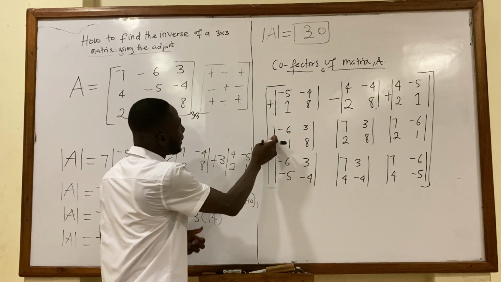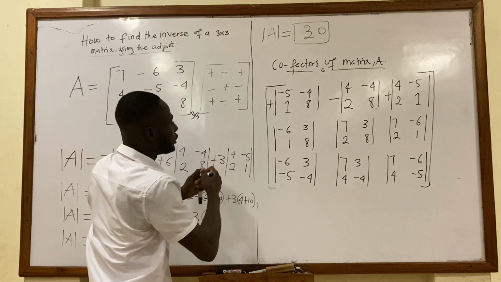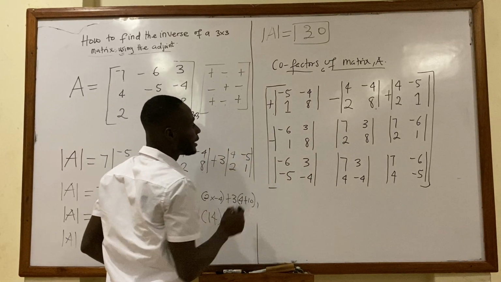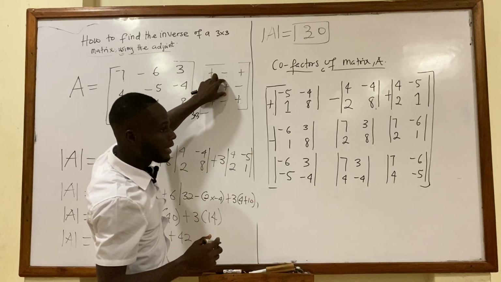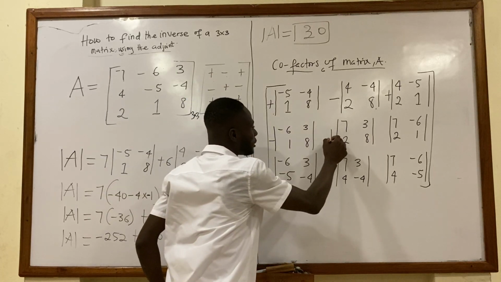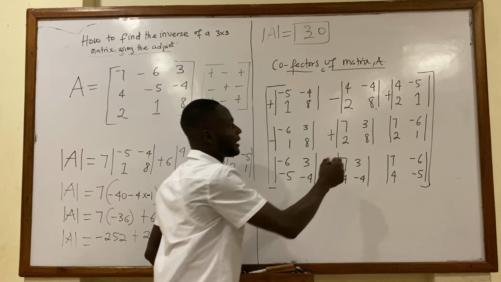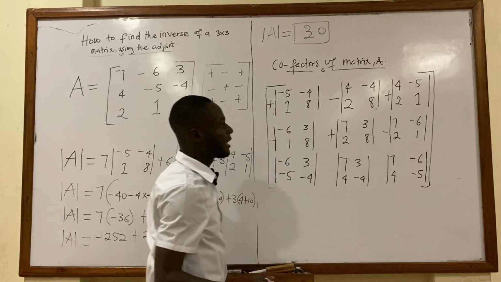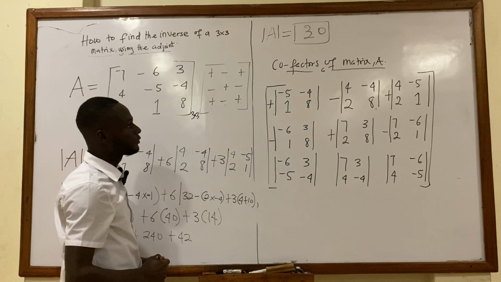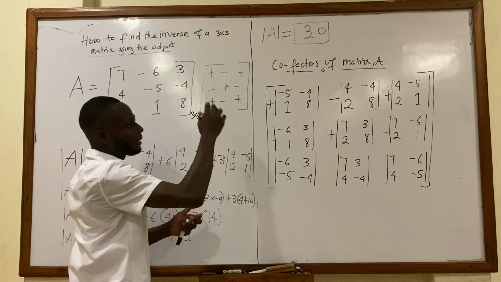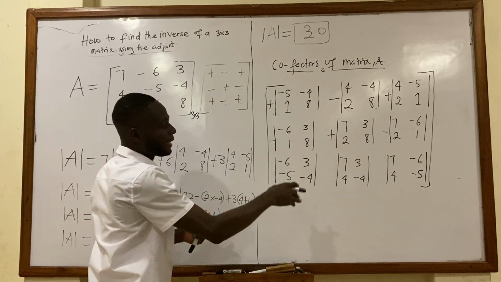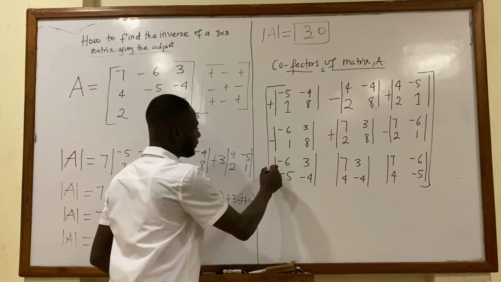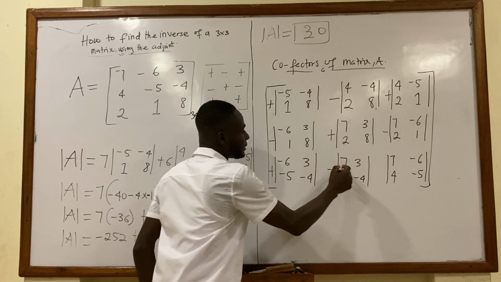And the first element on the second row is supposed to be what? Negative, right? And the second element on the second row is supposed to be what? Positive. The last element will be negative as well, in that order. So it goes plus, minus, plus, minus, plus, minus, plus, minus, plus again. So we have plus, minus, plus.